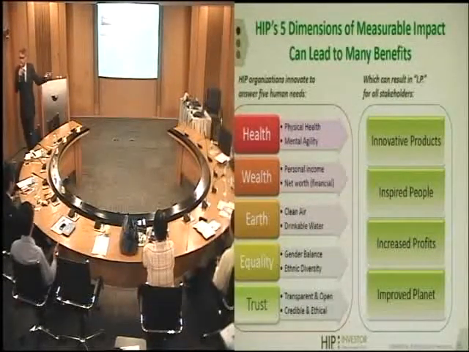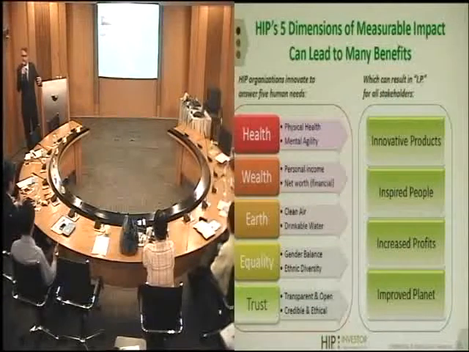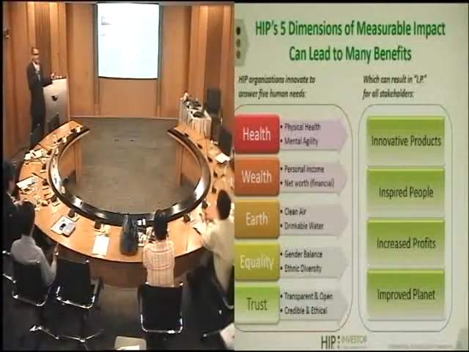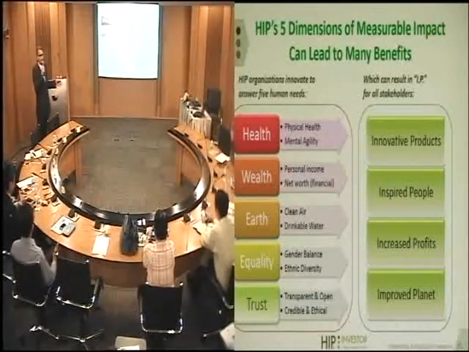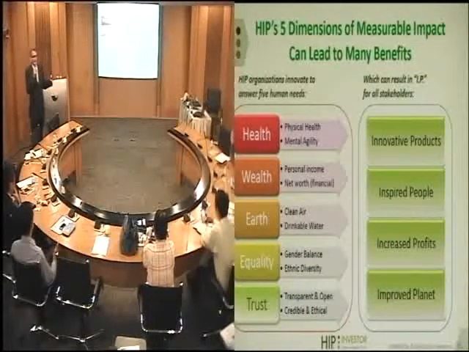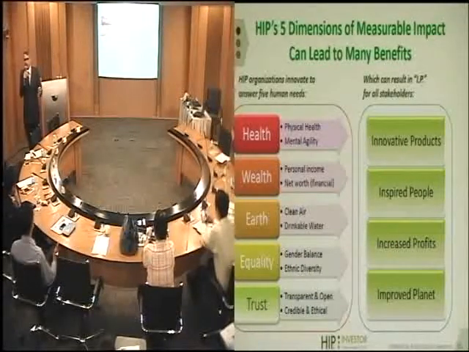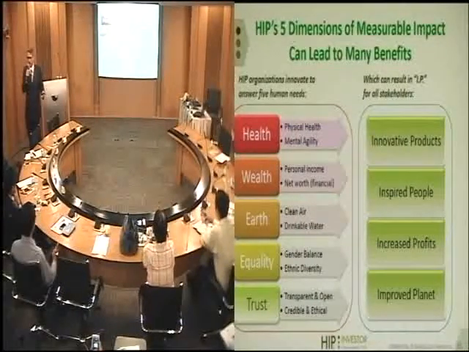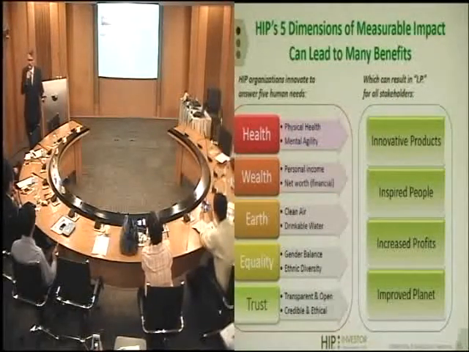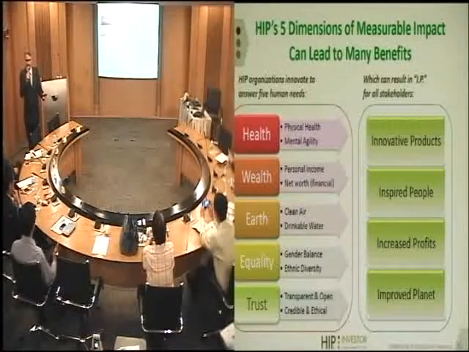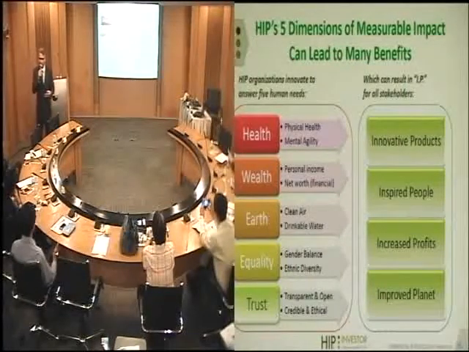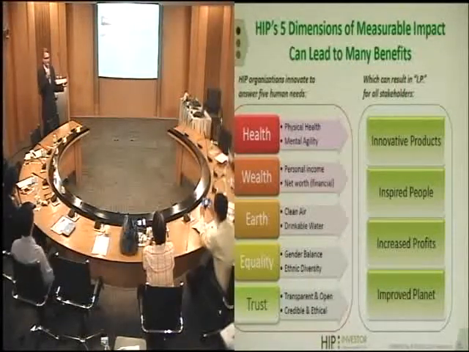So the 5 groups of human needs on the left are health, wealth, earth, equality, and trust. These 5 categories, you can categorize your products and services into, in terms of the benefits to the customer. So if you're a hospital, your benefit is physical health or maybe mental health.